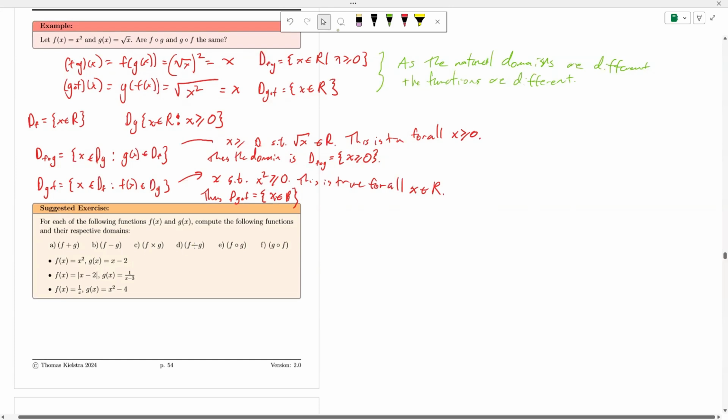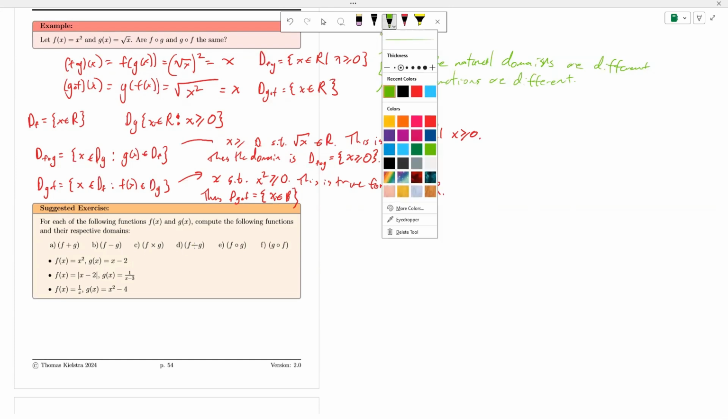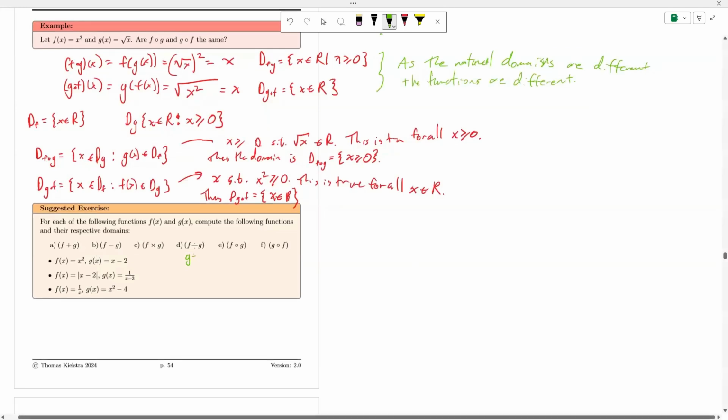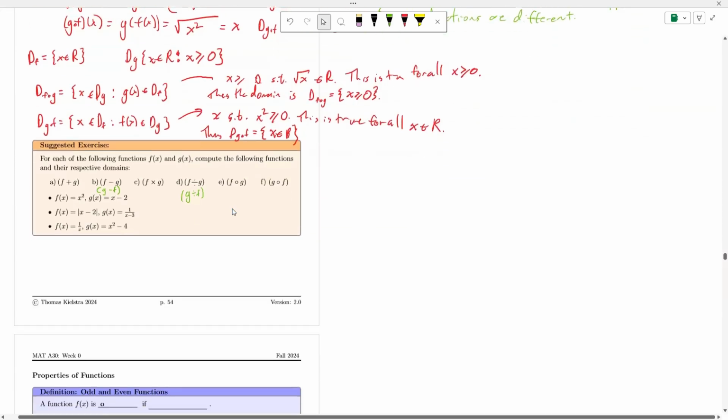And here we can add one last composition of g divided by f and see what their respective functions and the domains of those functions are. And you can also do g minus f. This will give you a lot of practice on determining your domain constraints of composed functions, as well as practicing composing your functions.